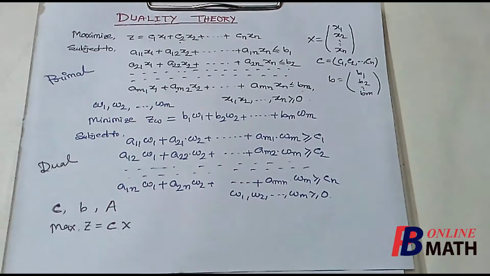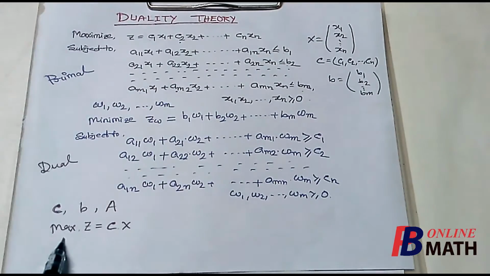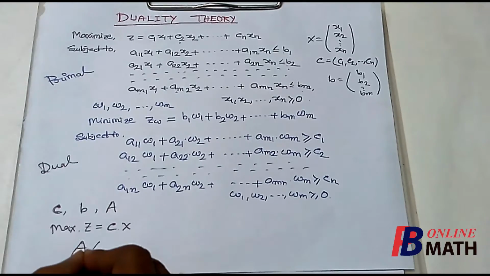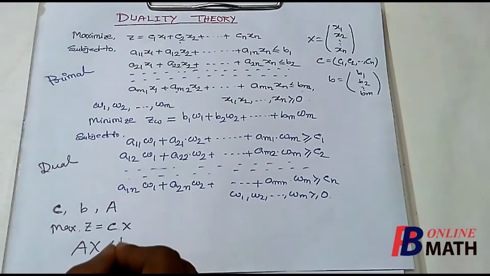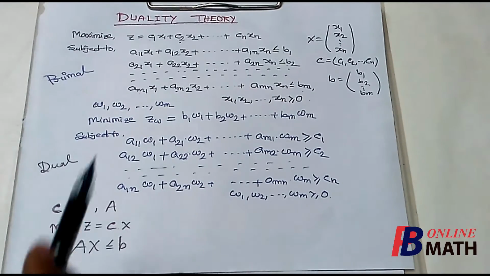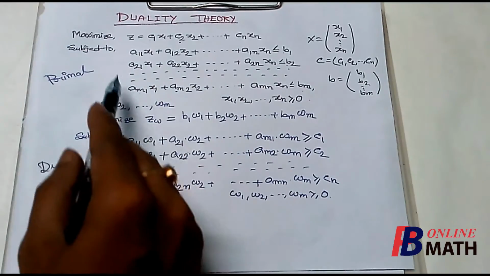So this is the b vector, and A is the coefficient matrix. So the primal problem can be written as maximization of z equal to c into x, subject to the constraint which can be written as capital A into x less than or equal to this b vector. So if we use these notations, then the primal problem can be written in this form. If we multiply the matrix A by this vector x, then we shall find all these constraints.